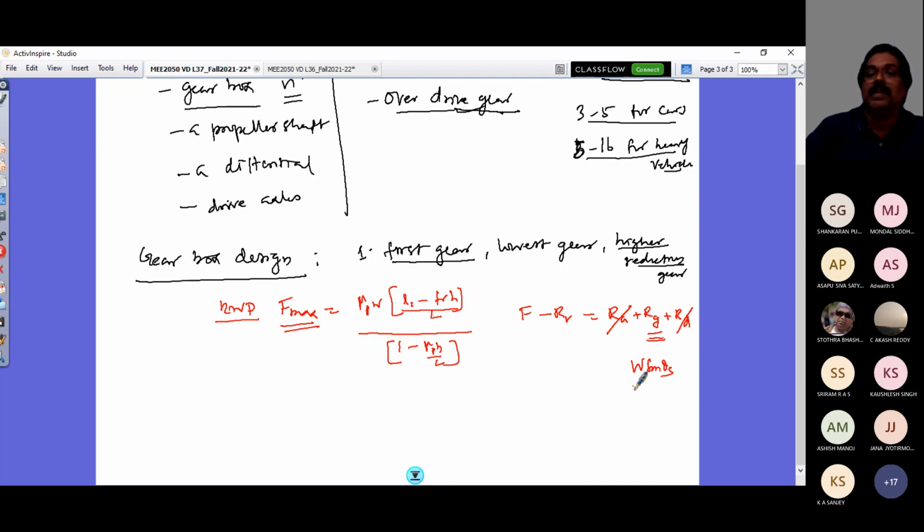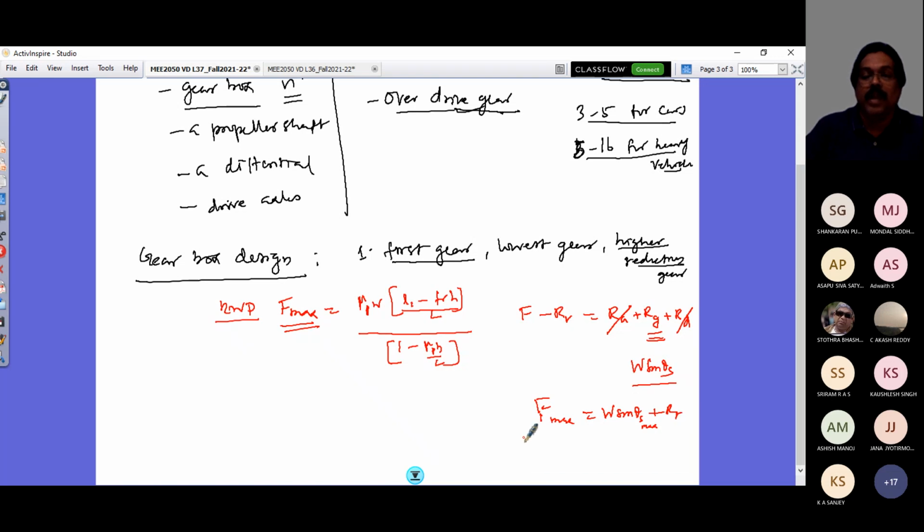Now, taking that as a basis, the maximum tractive effort would be W sin θs max, the maximum grade angle, because sin θ is approximately equal to tan θ at small angles. This is your grade, plus your RR.